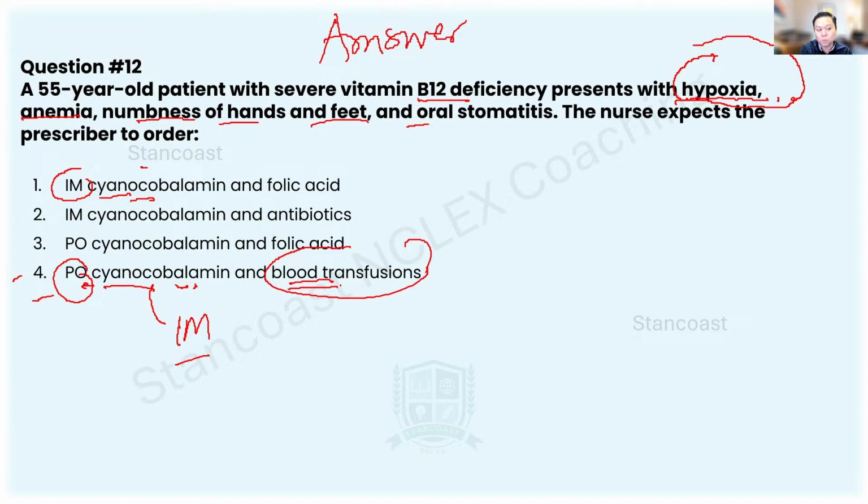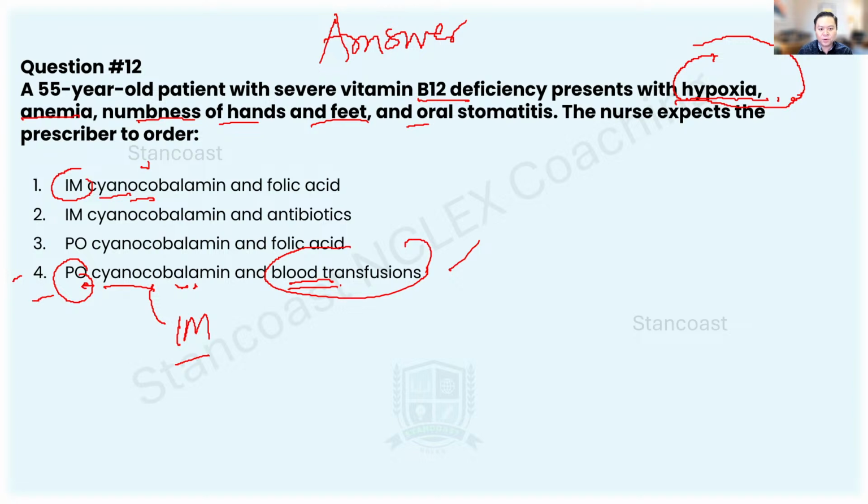It will take a while to improve the red blood cell maturation, so it's not going to have an immediate effect. So we're definitely going to need to administer the blood transfusion. Okay, do you understand the logic here about the need for the blood transfusion this time because of the hypoxia? I hope so, but that is the rationale.